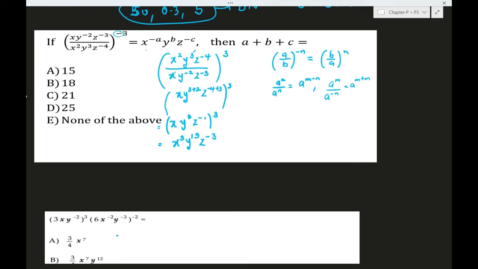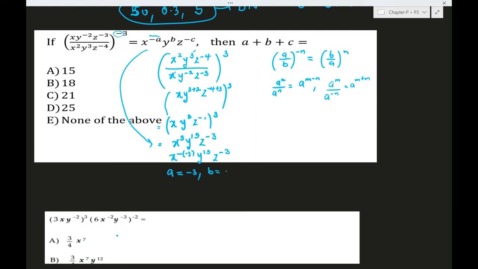So we need to compare this with this one. So if you look at that, here there is a minus. So let's rewrite this. So we can write this as x to power minus 3. Then we have y to power 15. So let's leave it now. And z to power minus 3. So it seems that our a is going to be minus 3, right?